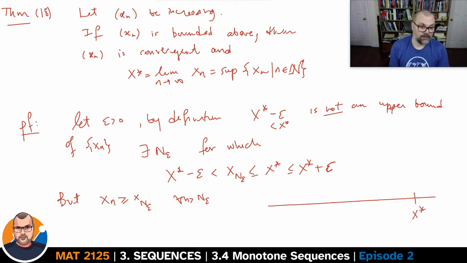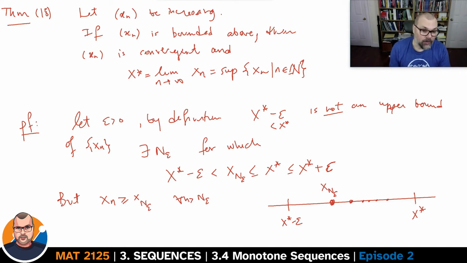So graphically, where are we at? Here's your x star, here's your x star minus epsilon. We found that there was at least one value of the sequence between x star minus epsilon and x star. This might have been x n epsilon. And what we do know, because the sequence is increasing, is that every other point in the sequence after the n epsilon point has to be greater than it.